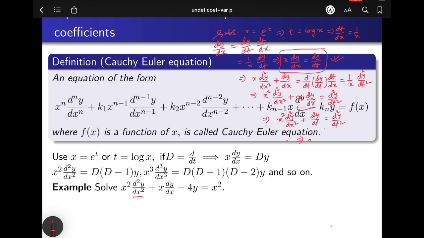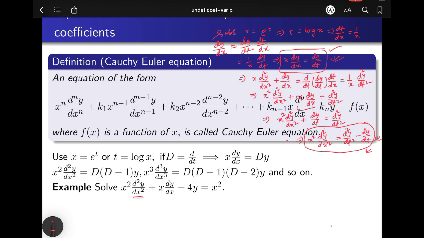That means from here you can write x square d2y dx2 is equal to d2y dt2 minus dy dt. So this is another form you are going to apply. Okay, so wherever you have x dy dx, you are going to put this one, and x square d2y dx2 you are going to put this one.